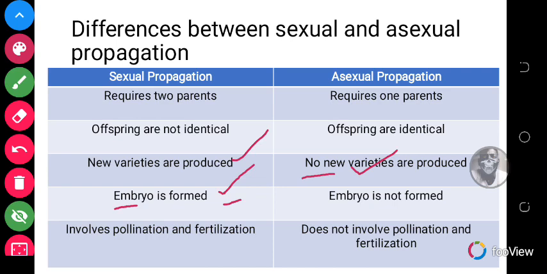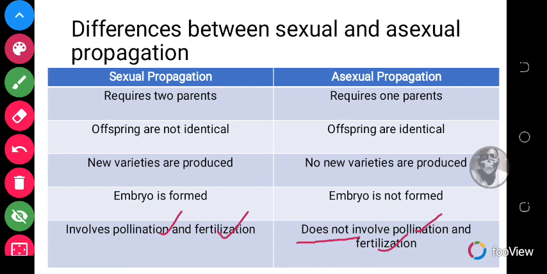But asexual propagation does not have to do with fertilization. Sexual propagation involves pollination and fertilization. Asexual does not involve pollination and fertilization.